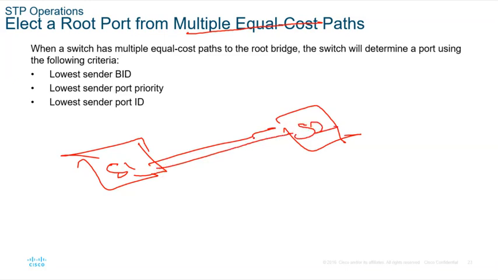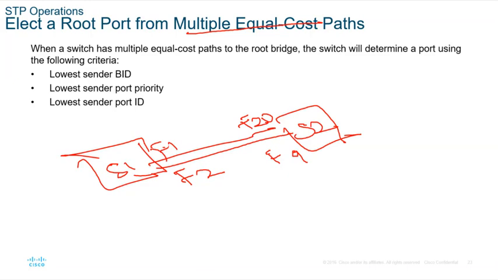The cost here is the same. The distance is the same. But this is port 1, this is port 2, this is port 20, and this is maybe port 9.